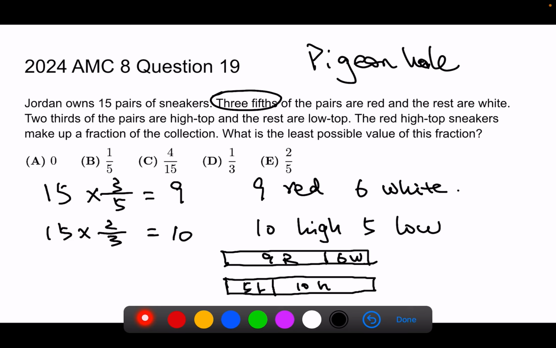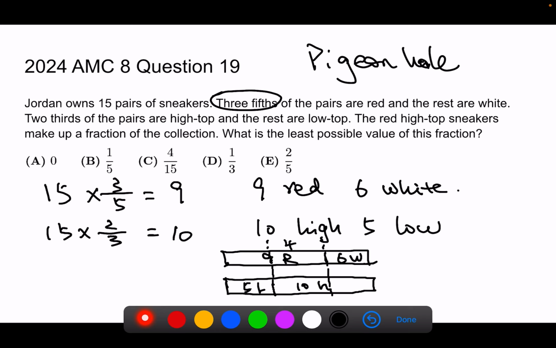So I'm trying to make red and high as far away as possible. However, they will have overlap. And this is the minimum red high you could have. Well, how big is this number? Let's see. It's going to cut off from here and from here. And by using a picture, you can see we're cutting the 9 at the 5. So you have 4.